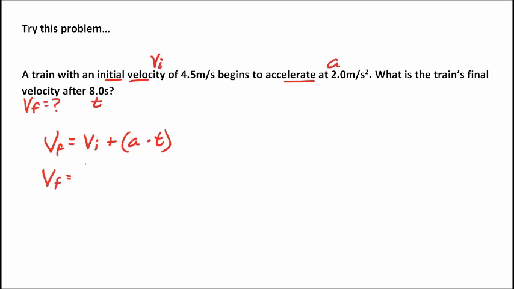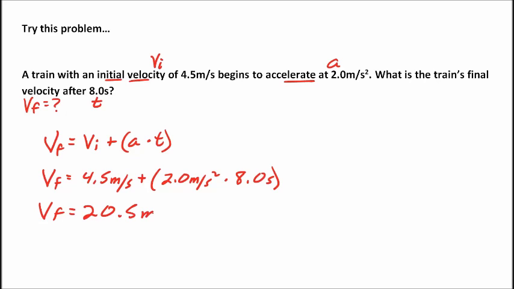Final velocity is equal to the initial velocity, and that is 4.5 meters per second, plus the acceleration, and the acceleration is 2.0 meters per second squared. We're going to multiply that by the time, 8.0 seconds, and when we work this out, we get 20.5 meters per second.